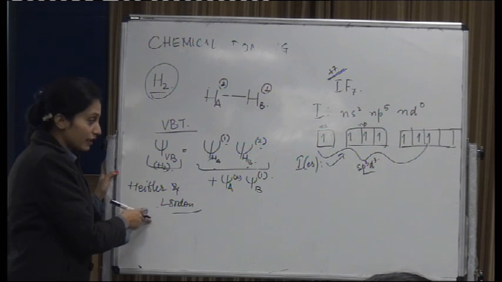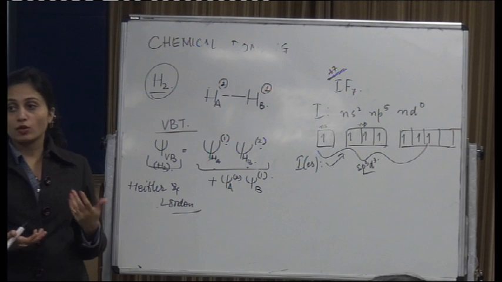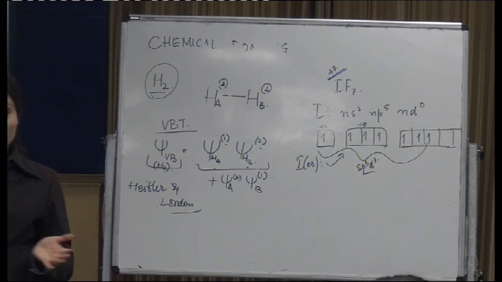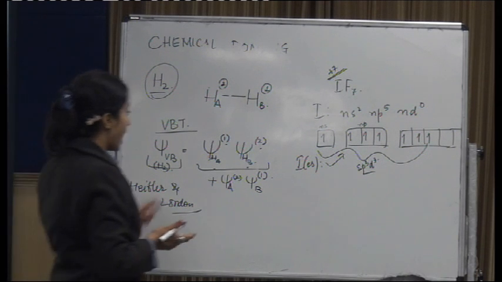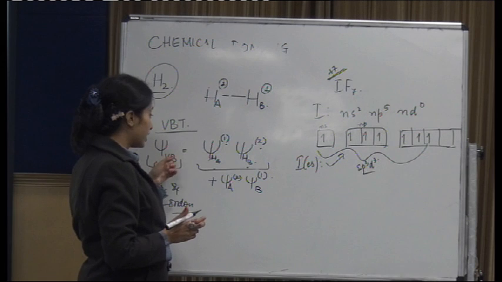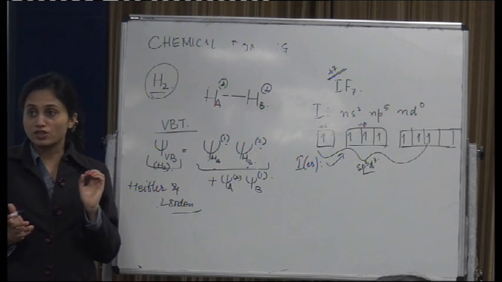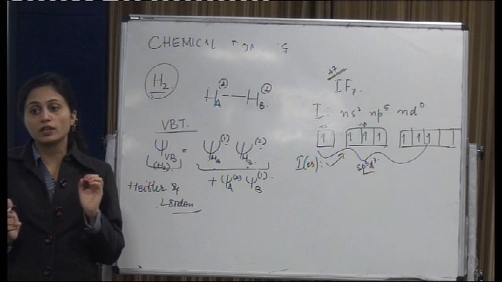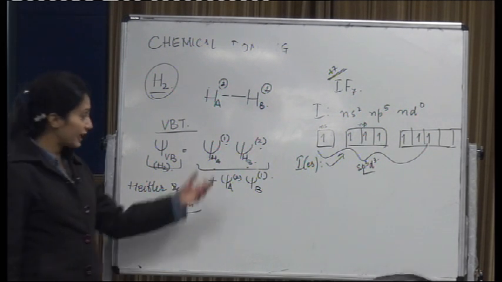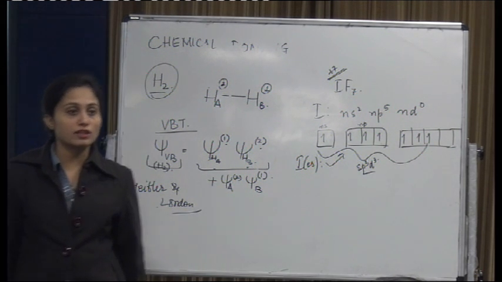Heitler and London, they actually brought about this modification stating that because electrons are a microscopic entity, they cannot just remain stationary. So there will be a mutual exchange of electrons, and you have to remember that the valence bond treatment will give you the wave functions in such a fashion where each electron is associated only with its own atom. Okay? And we take each of the atoms to be independent of one another and we multiply them to get the total. Yes?